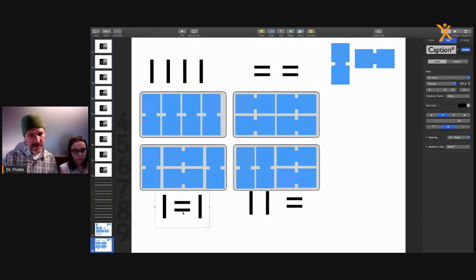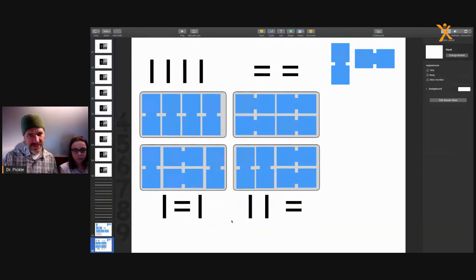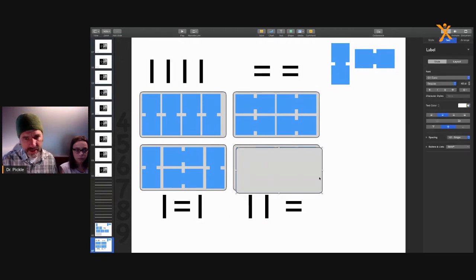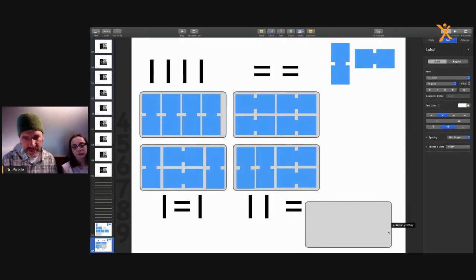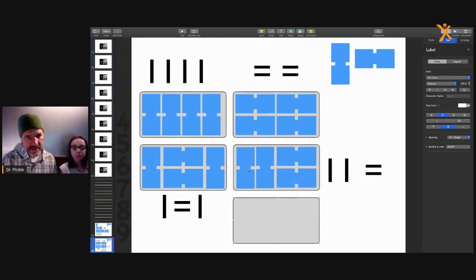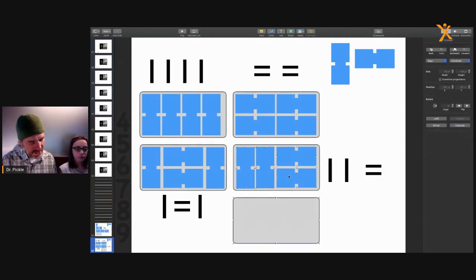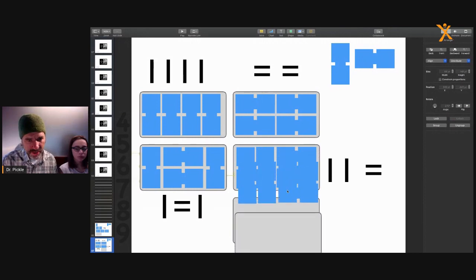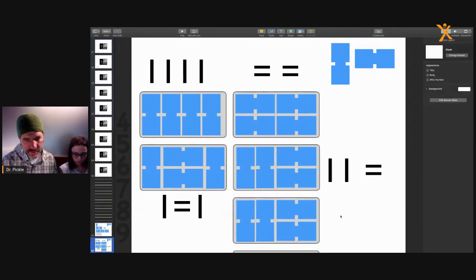Okay, but we are missing one. So there's 5 actually, because we are missing one that kind of looks like this, but not quite. So I'm going to put that over here, and it is looking very much like this one, except kind of the opposite. Here we go.